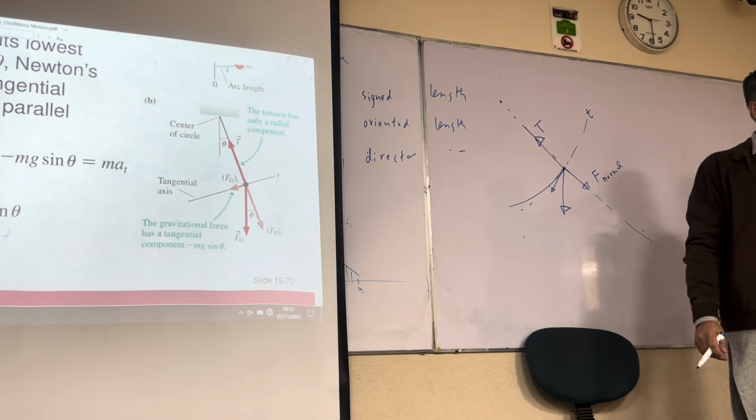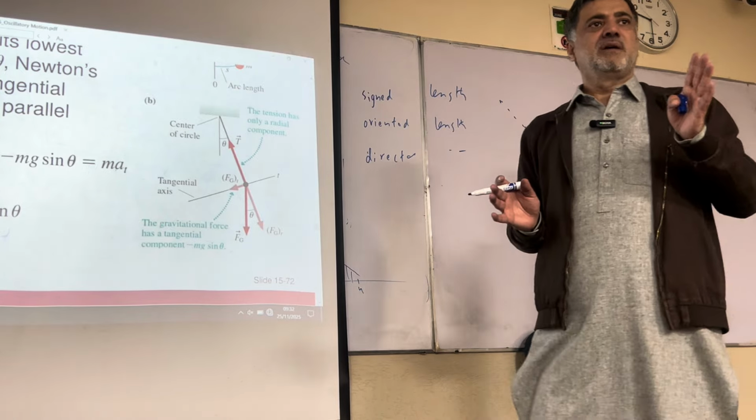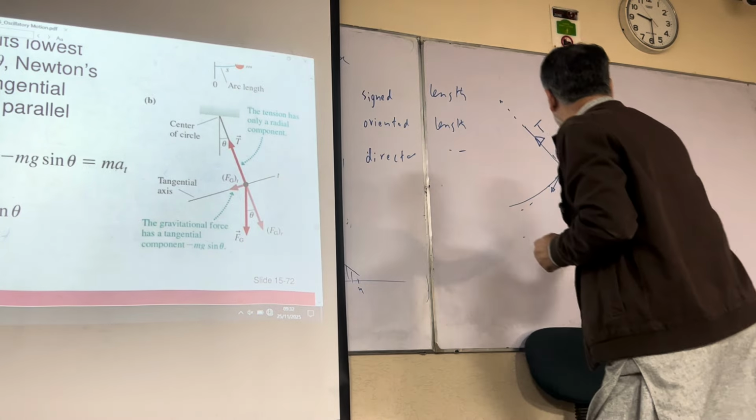T for tangential. But there is a problem with that. Many people don't have any problem with T. So N, you can use N for normal, and we use small n for normal force, so that doesn't cause any confusion.